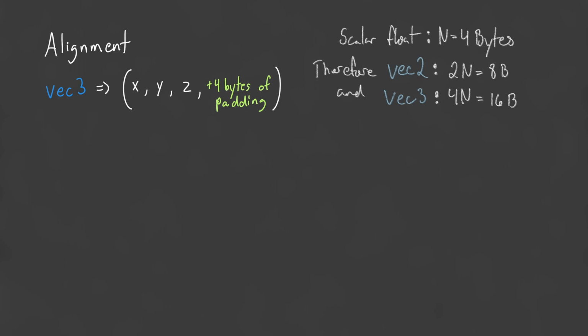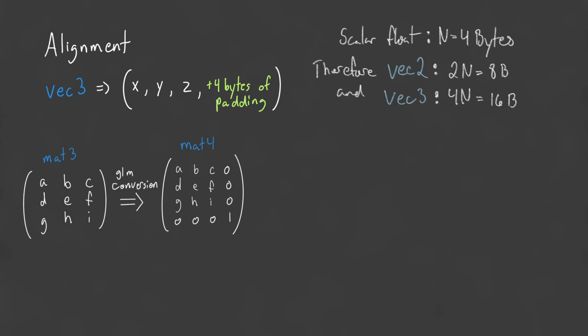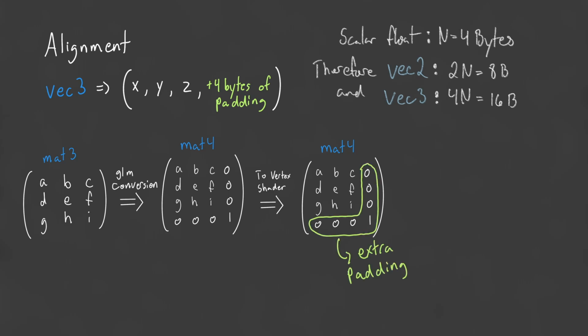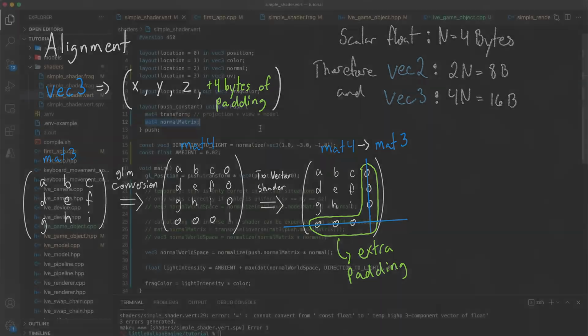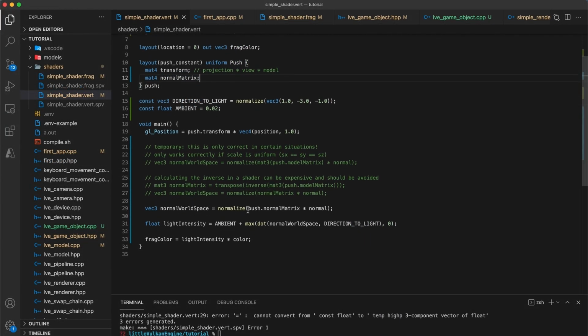So at least the easiest way I know of to pass a 3x3 matrix to a shader with the proper padding is to pass it in as a mat4. And then when you want to use the matrix within the shader, truncate it by using a mat3 conversion. So wrap push.normalMatrix with the mat3 constructor before multiplying it by the normal vector.